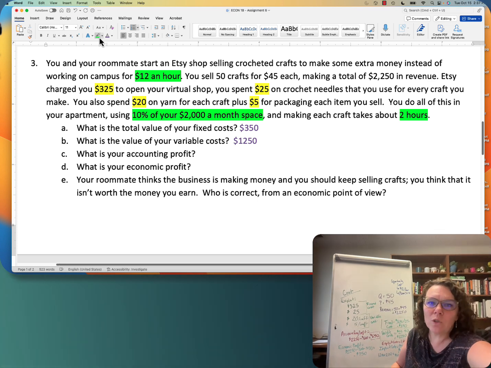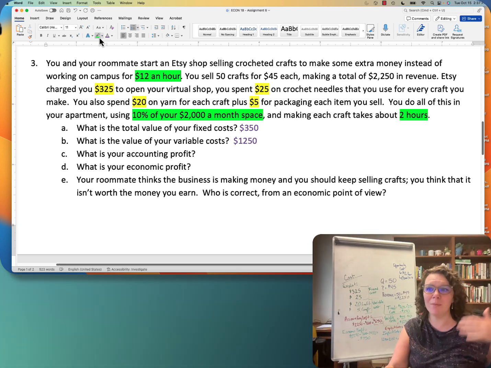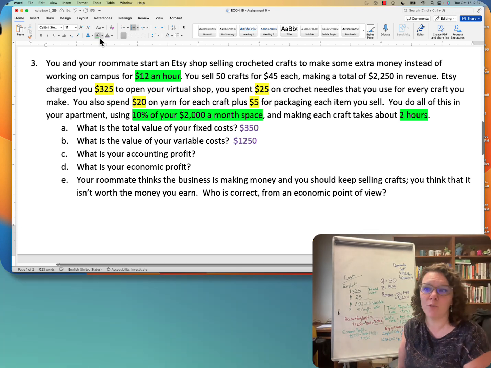And the whole solution to this larger problem is in the question for part E.